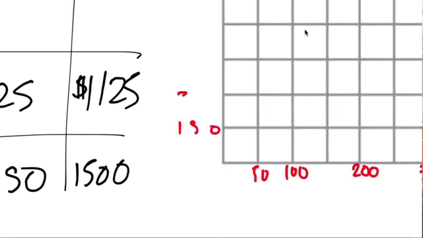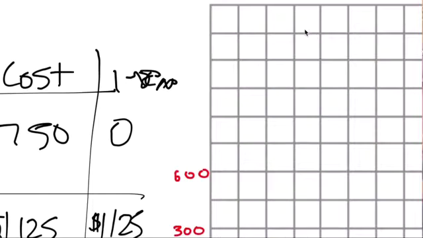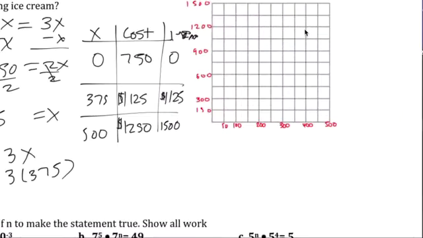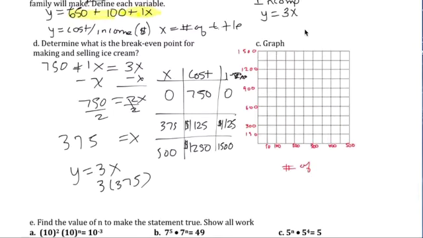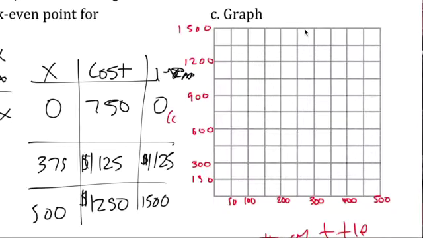So 150, 300, 600, 900, right there. And these are the number of tiles. And here is the cost or income. We'll just put dollar amount. And then graph it.